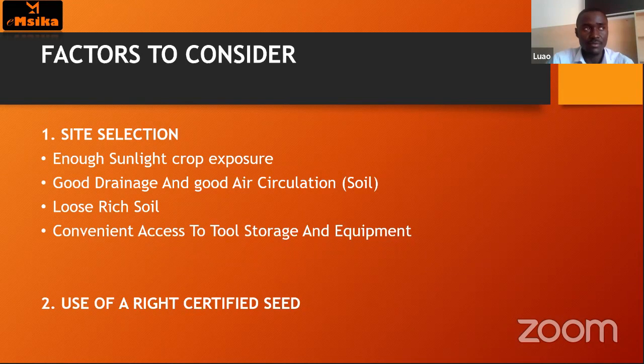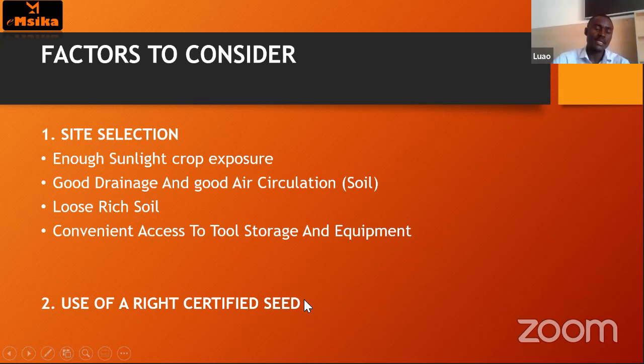You have to have the tools nearby so that when you see, for example in maize, pests increasing or a disease or anything which needs attention as soon as possible, you have easy access to storage, which is very near to your farm. You don't have to keep a sprayer maybe 5 kilometers away from the farm, and when you need it, you have to start going back, or you're lazy to go back. So all these are important when considering maize production and to increase the yield, or for any crop.